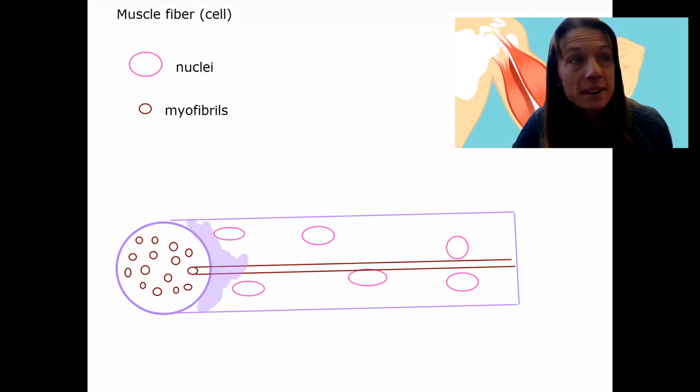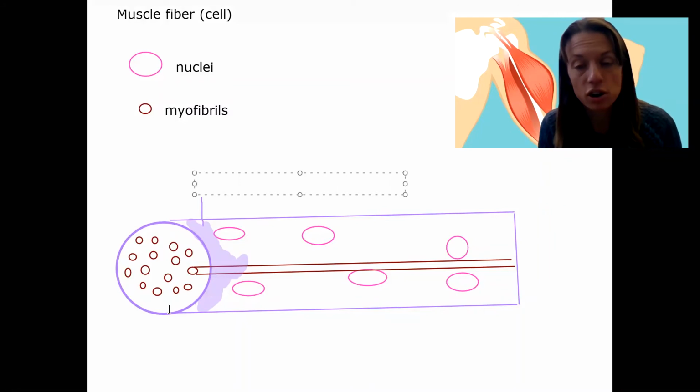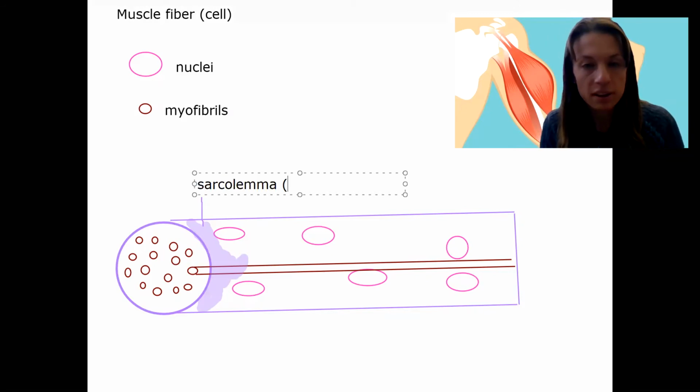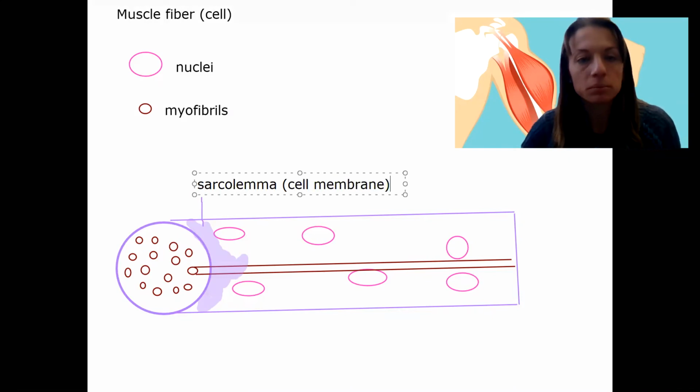The name for the plasma membrane in a muscle cell, a special name, is called the sarcolemma. Sarco refers to muscle, so you're going to see several sarco prefixes. Sarcolemma is the first one that I'm introducing. Sarcolemma is the cell membrane of the muscle.